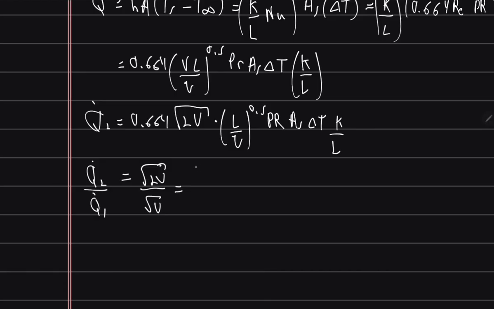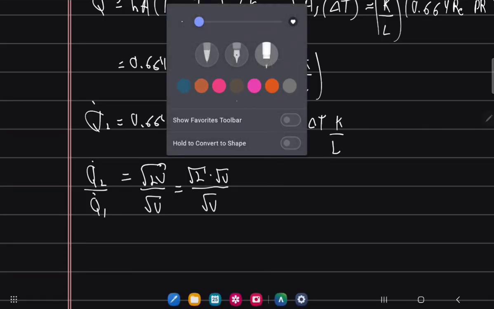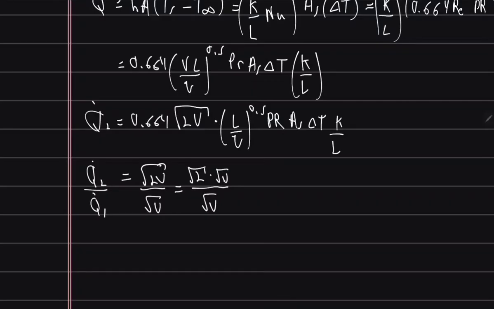If you're confused why, we can break this square root of 2v into square root of 2 times square root of v, over square root of v. The square root of v's cancel, and we are left with square root of 2 as the ratio of the rates of heat transfer. Boom.